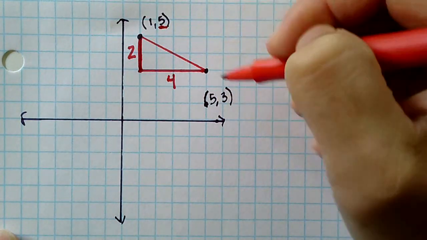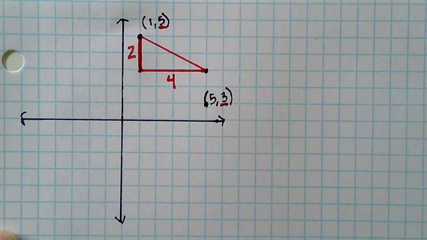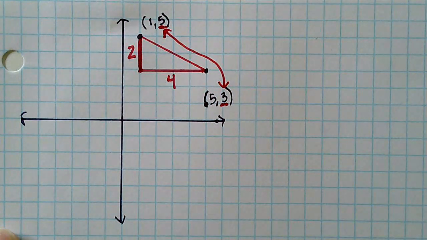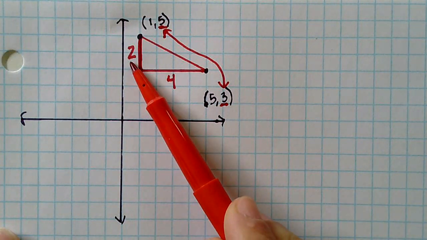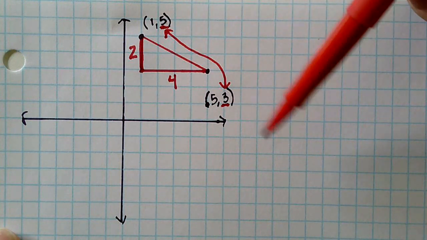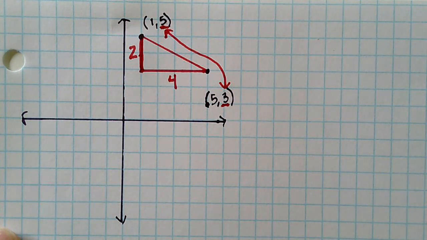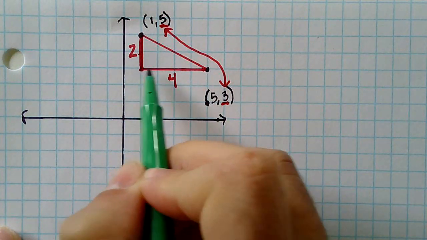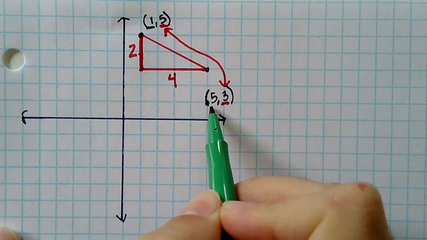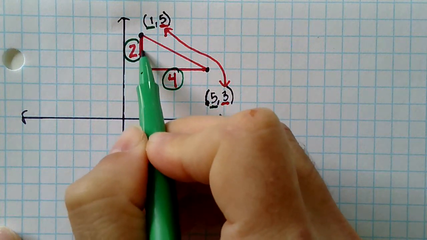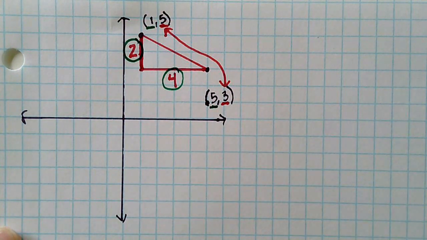If I look at the y's, how far apart are the two y values? They're 2 apart, and that's the same value we get for that leg. So the difference between the y's is going to be that leg. Same idea goes for the x. This is our x direction. How far is 1 and 5 away from each other? 4. Those two values are going to be our legs.